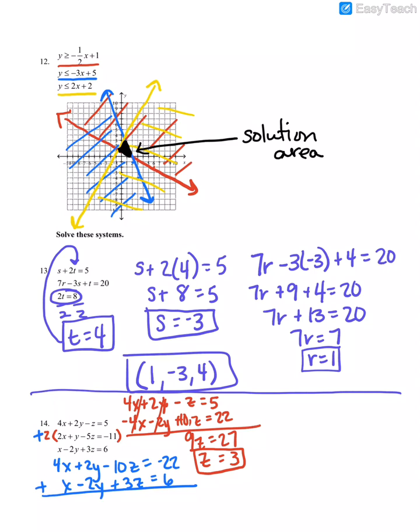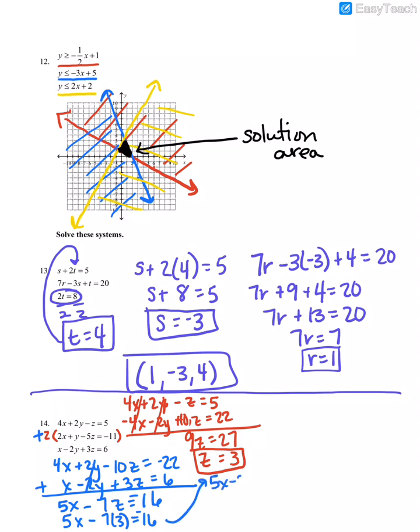So when I add these guys together, I get 5x minus 7z is equal to negative 16. Now I'm going to plug that 3 in for z. So 5x minus 7 times 3 is equal to negative 16.